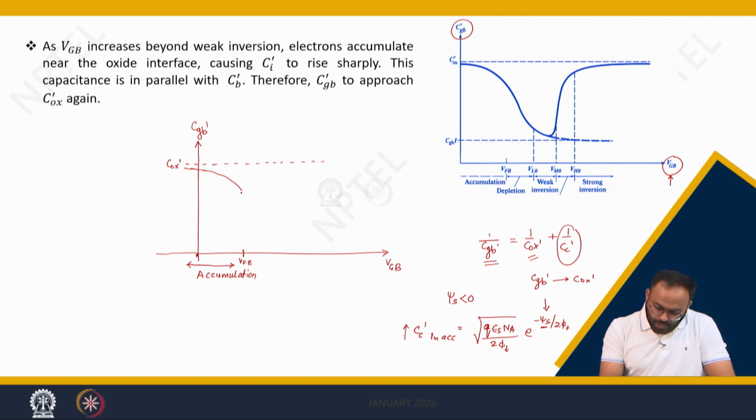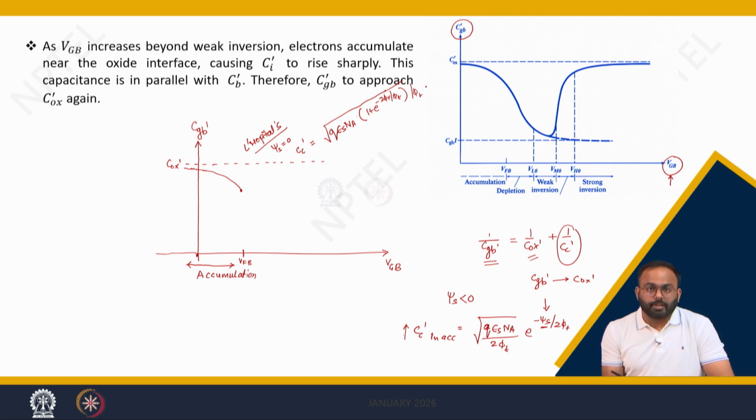And hence, we have also found using L'Hopital's rule that when psi s is equal to 0, meaning you are in flat band condition, a capacitance exists, and that capacitance value was square root of q times epsilon s into Na into 1 plus e to the power of minus 2 phi f over phi t, divided by phi t.